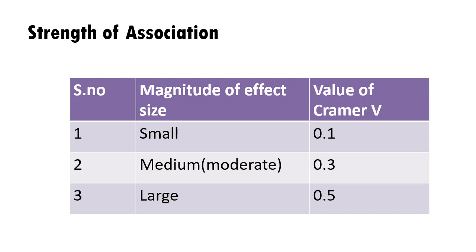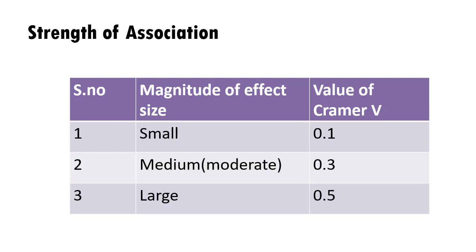The value of chi-square and its p-value tells you whether there is association or not. But if you have to tell about the effect size or the strength of association, then we should comment on the phi and Cramer's V. Phi and Cramer's V are measures of strength of association, and they are both the same in case of a 2 by 2 table.